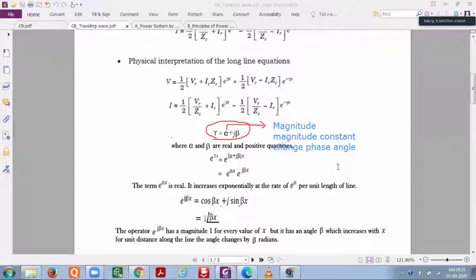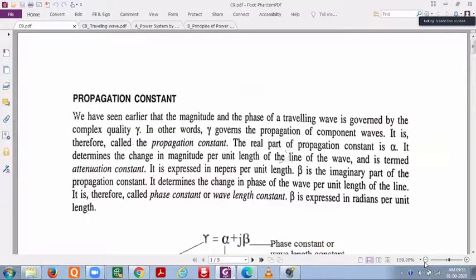Here, as your wave is traveling from sending end to receiving end and when it is reflecting back, by what magnitude it is changing and what is the phase angle of that wave will be given by your propagation constant. Because when the wave is moving, it has some magnitude and some phase angle, and that concept is explained by your propagation constant.